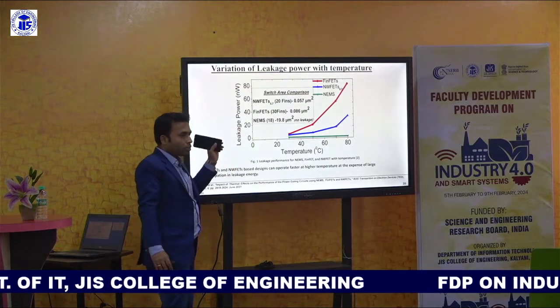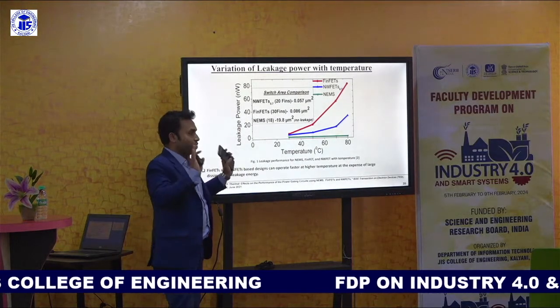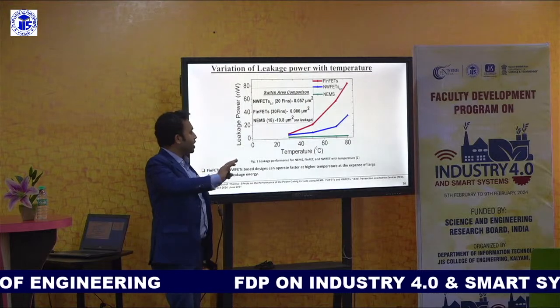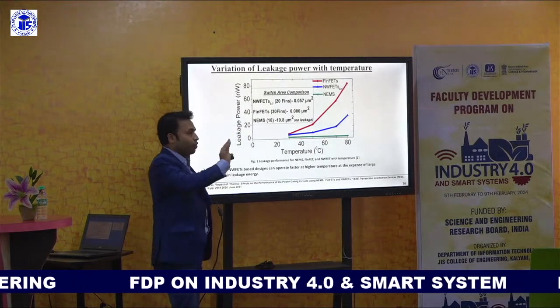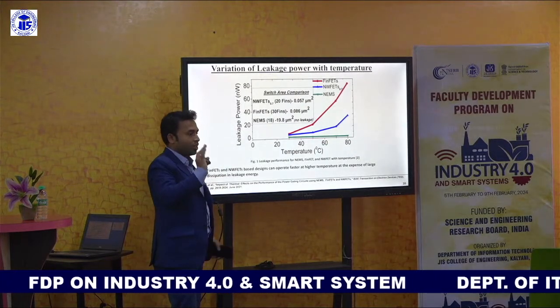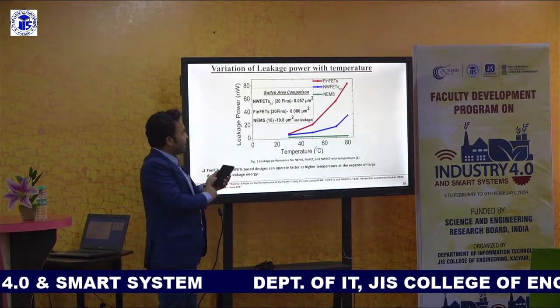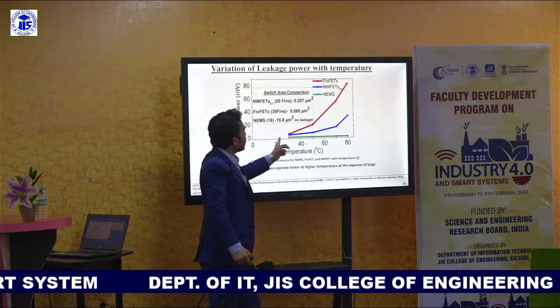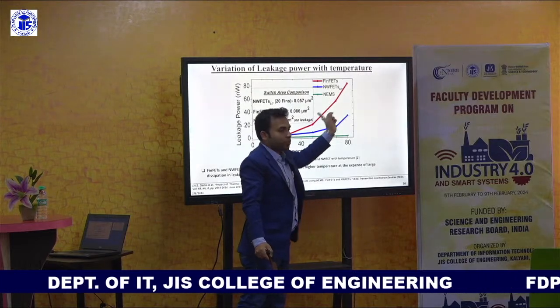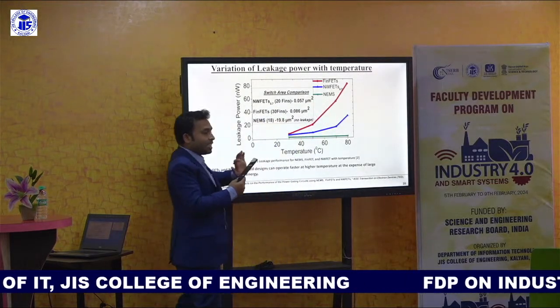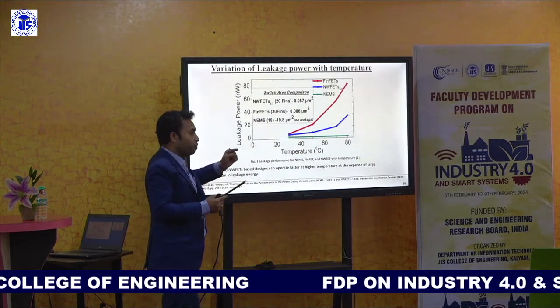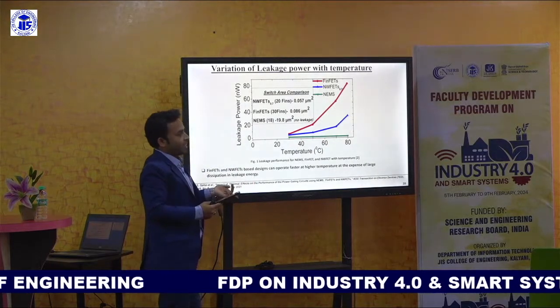The real problem is that suppose you are talking with your friend for a long time. The phone will get heated up. If it is heating, your leakage power will increase exponentially, so your battery deterioration will be much faster.